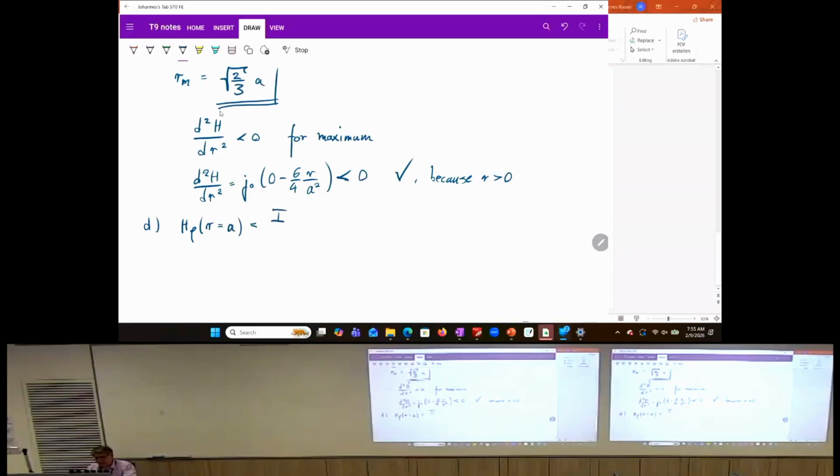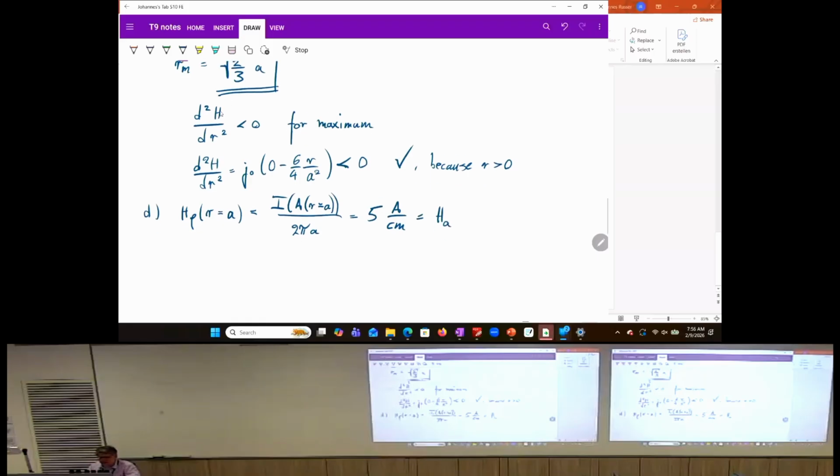That means we take the current as a function of the cross-sectional area, and that again of the radius, and we divide it by 2 pi a, where r is equal to a. Then you insert again the values that we have obtained for the total current, and you obtain here 5 ampere per centimeter. That's our H field at position a.